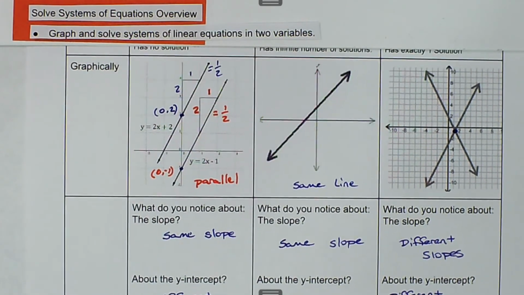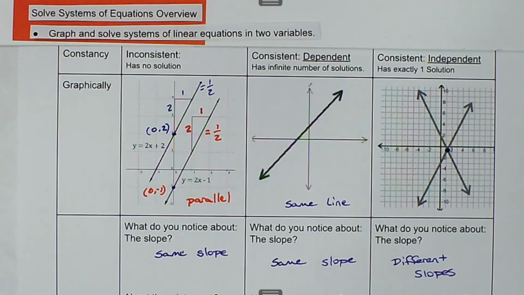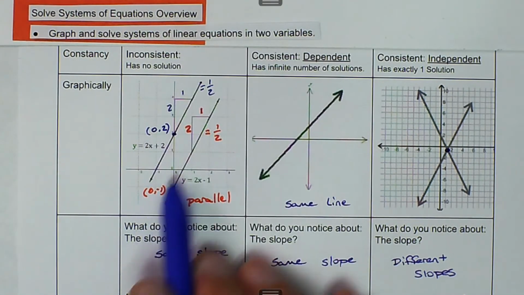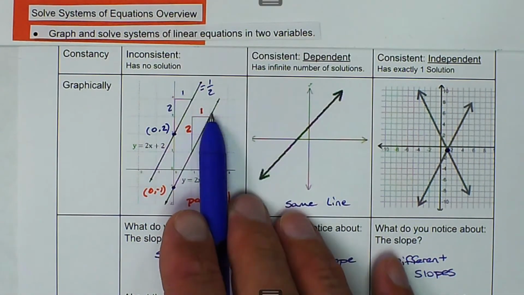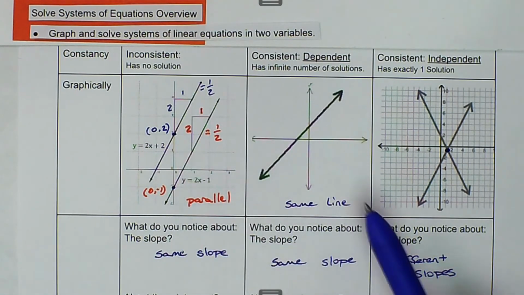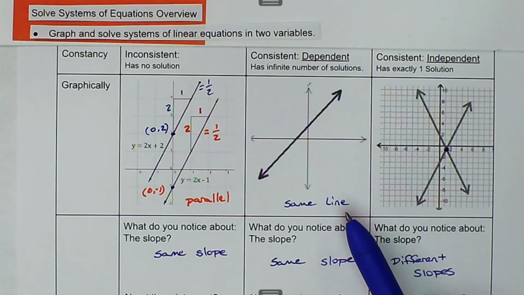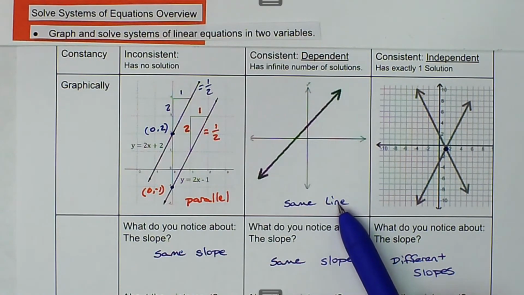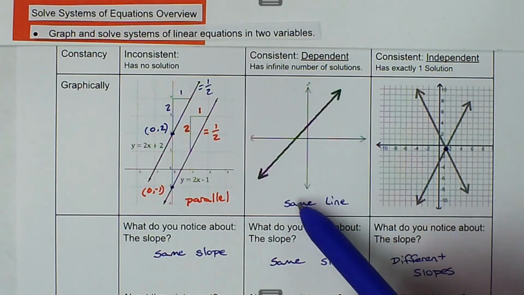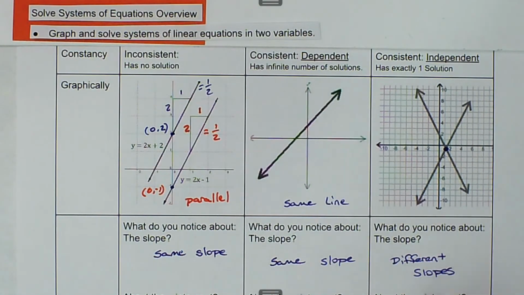So graphing, we have three possible solutions. We have no solution where the lines are parallel, where they have the same slope and different y-intercepts. Those lines will never intersect. Then we have the same line where they have the same slope and the same y-intercept. Basically, they're overlapping lines or the same line.